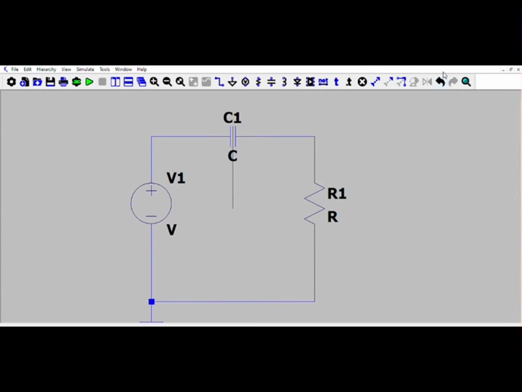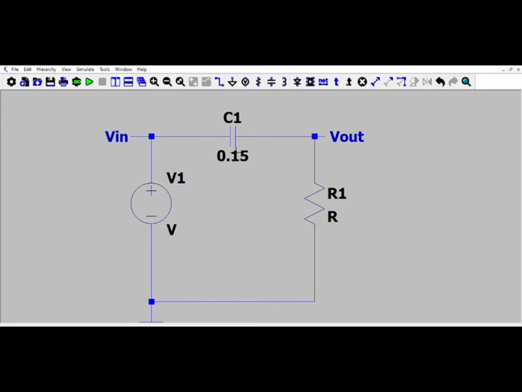Okay, next, I put the V output and the V input there to show you guys which one is the V input and which one is the V output. It's actually not important, but I just do it to make it more understandable.